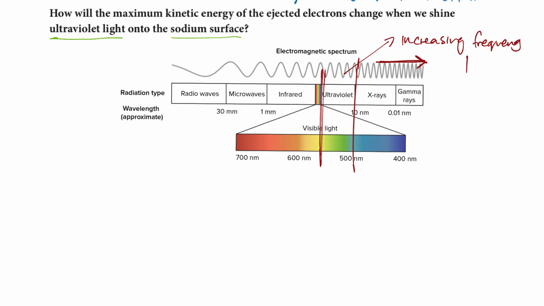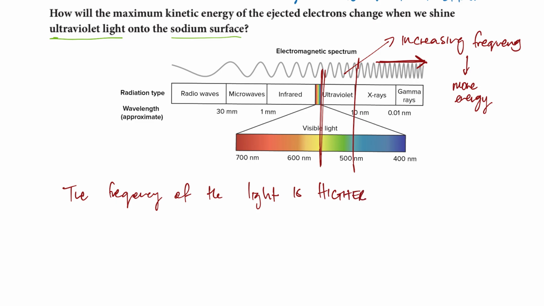And if we are increasing the frequency, it means we have more energy available. So if I had to make a statement here, I can say the frequency of the light is higher, and therefore the energy of the incident photons is higher.